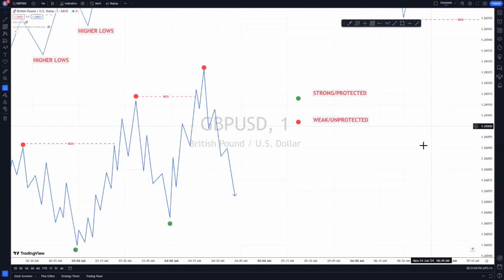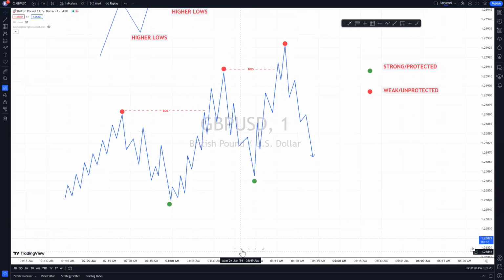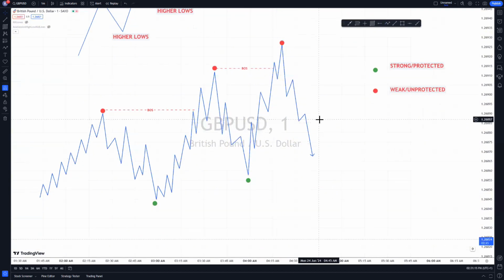Now I want you to understand something about uptrend and downtrend structures. In an uptrend, the highs are unprotected. What do I mean by unprotected?